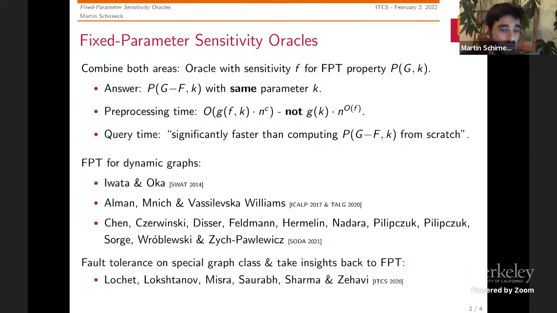And what is also interesting for ITCS, there was some work two years ago where they started with a classical fault-tolerant problem, something about fault-tolerant spanners we hear later, on some special graph class. And then they took the insights they gained there back to the classical FPT world, so essentially the other way around two years back.